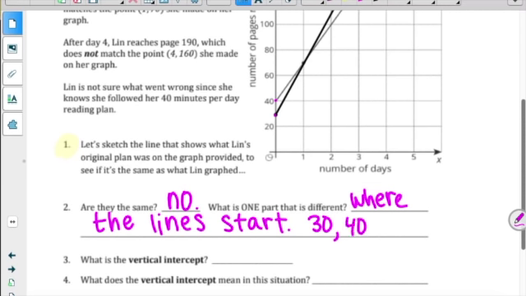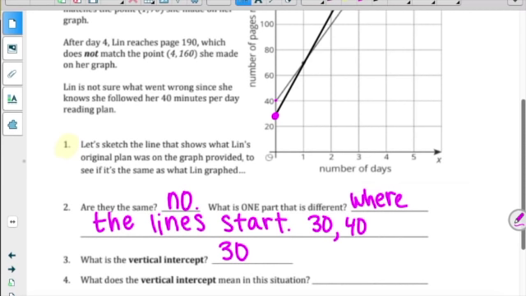Number 3 says, what is the vertical intercept? Well, of the graph I did, the vertical intercept is where it crosses my vertical axis. So where do the line and the y-axis intersect? Mine intersects right there at 30.